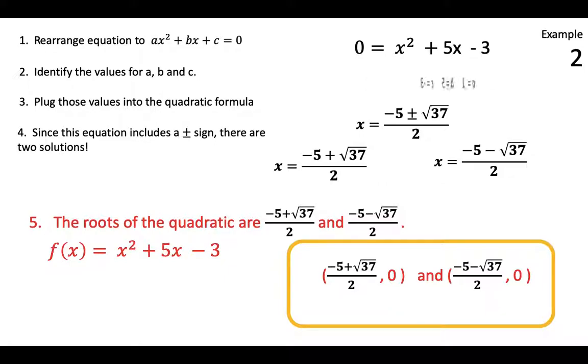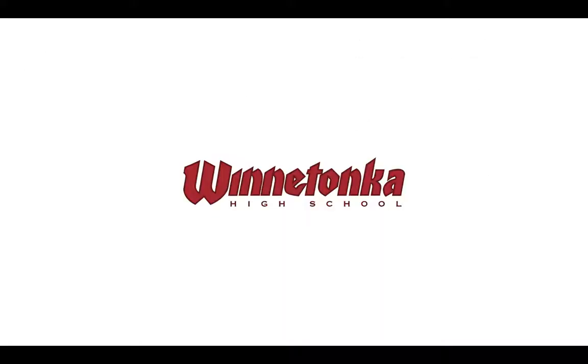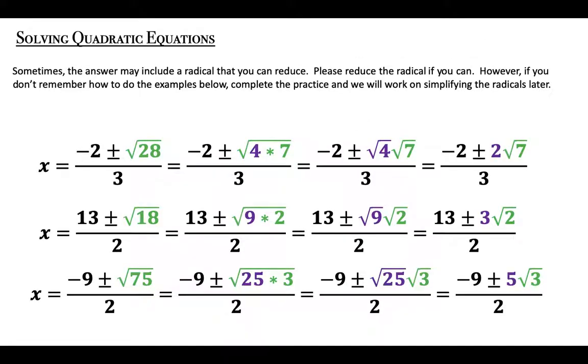Okay, now let's remember that when we solve these quadratic equations, we can get something that looks like this, and the square root of 28 is the product of a perfect square. So I can factor 4 out of 28. So 4 times 7 is 28.